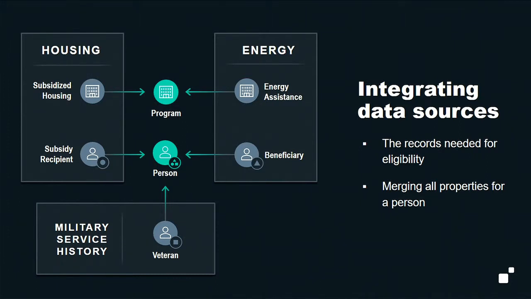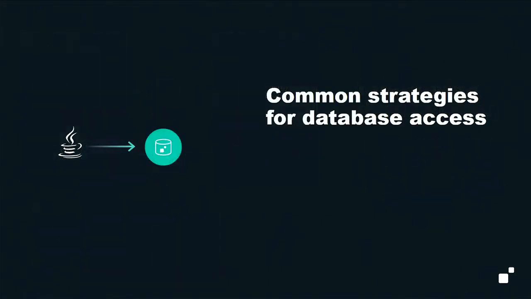So when Sarah starts working on this, she's immediately confronted by the issue of what strategy she's going to use for database access. And she's worked with Java middle tiers before, so she's familiar with several strategies, and probably these strategies are familiar to many of you as well.